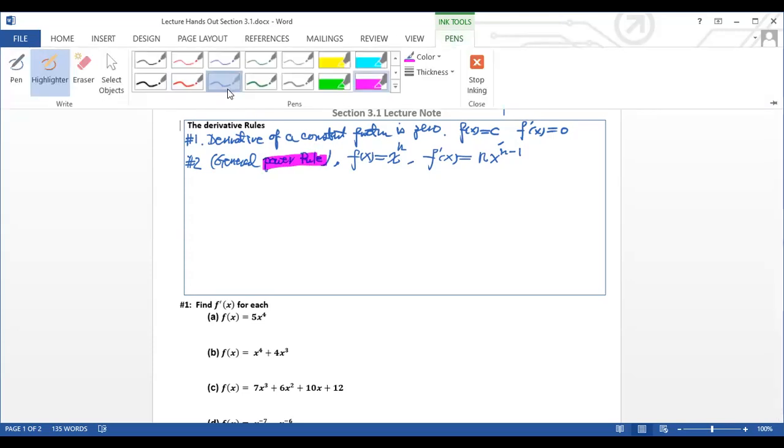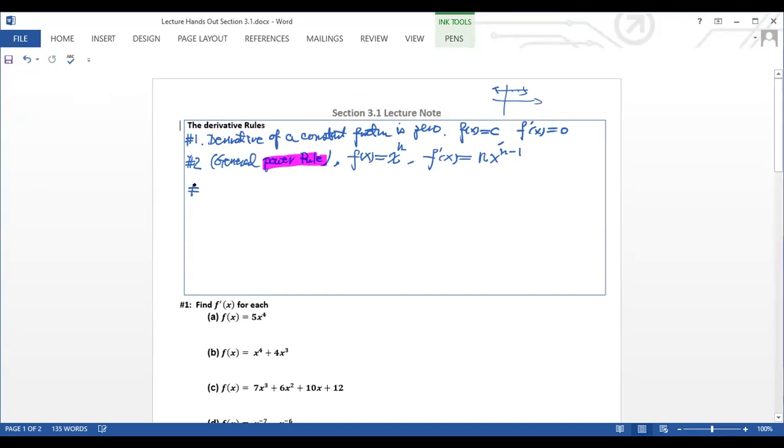The third rule is the constant multiple rule. What does that mean?